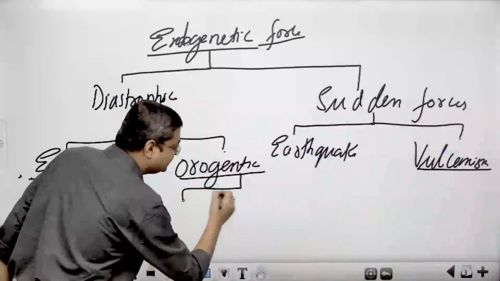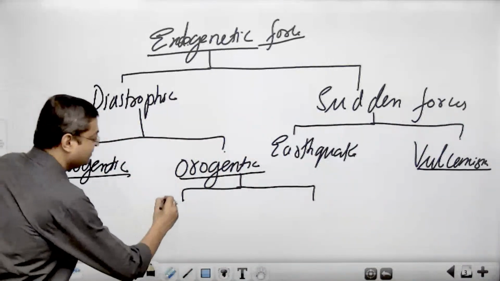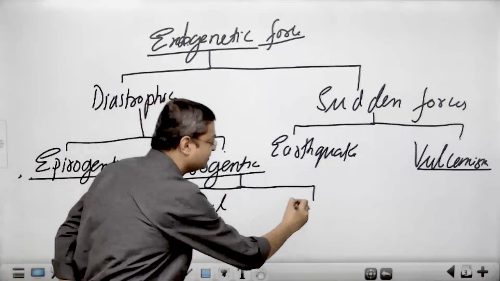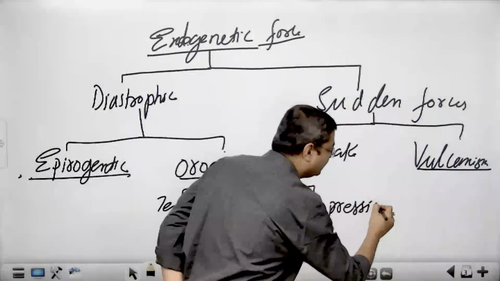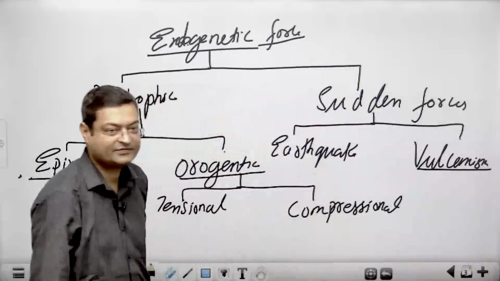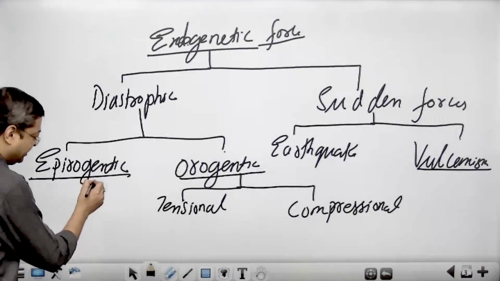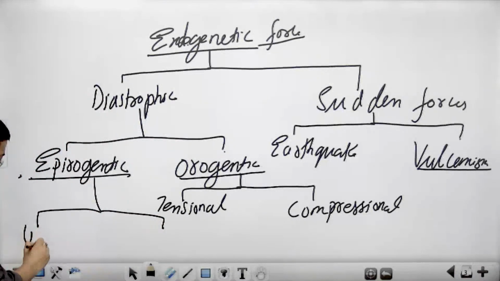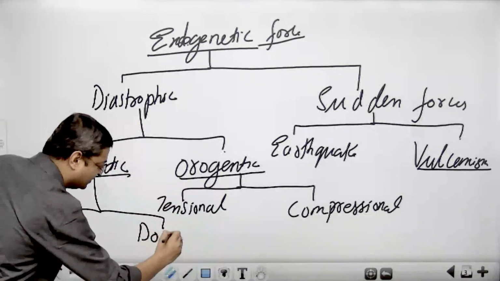These orogenetic forces are again subdivided into two: tensional force and compressional forces. Okay? And again epirogenetic is also subdivided into two: upward and downward.